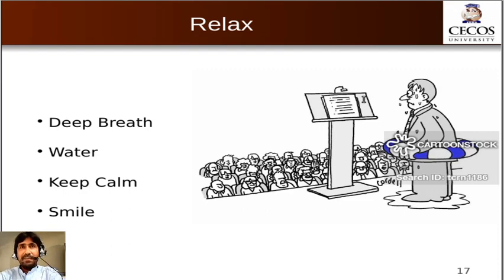For example, I remember that one of my teachers was always with some sort of object in his hand while he was delivering his lecture. This actually gives a sort of relaxation. You do not need to play with the object all the time that is in your hand, but you can keep the object just to give you positive feedback, just to keep you calm and relaxed.